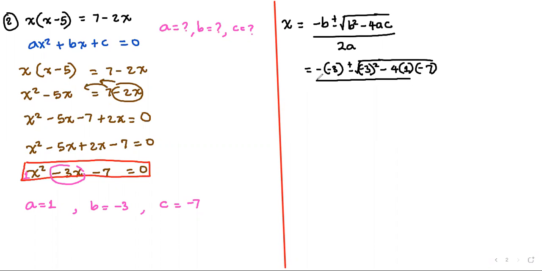And then out of 2a, which is 2 times 1. I hope you can understand this.